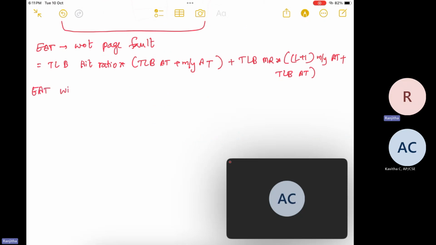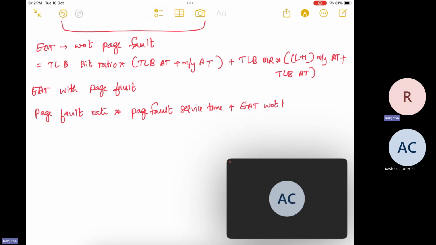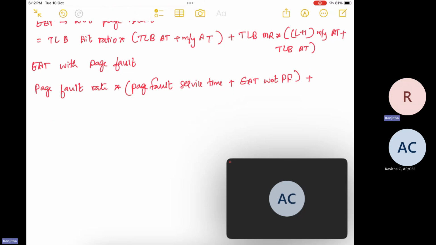And effective access time with page fault is page fault rate into page fault service time, plus this one, effective access time without page fault, plus 1 minus page fault rate into effective access time without page fault.